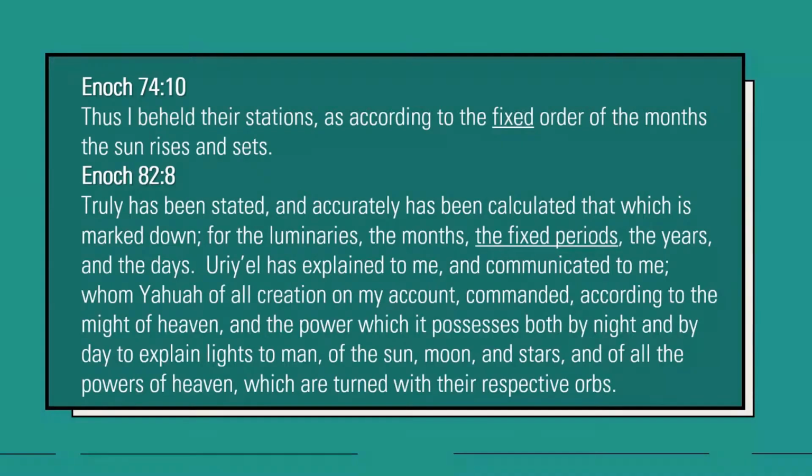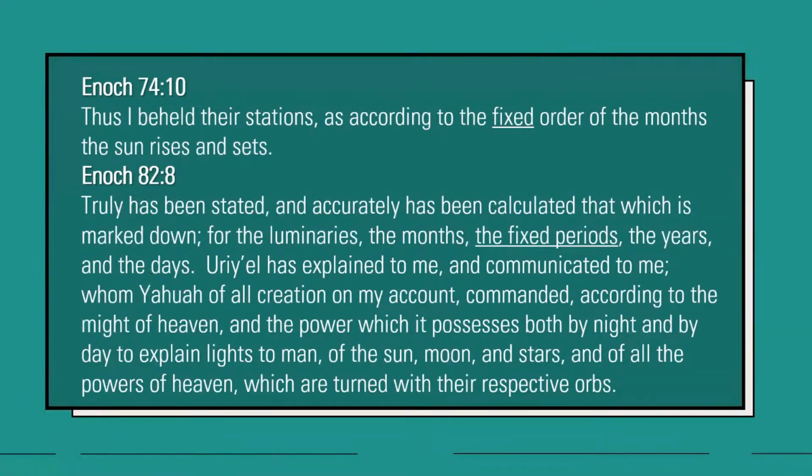Uriel has explained to me and communicated to me, whom Yahweh of all creation on my account commanded, according to the might of heaven and the power which it possesses both by night and by day to explain lights to man, of the sun, the moon, the stars, and of all the powers of heaven, which are turned with their respective orbs. So they're turning respectively in order, right? And they're in a fixed pattern. We're not wobbling.